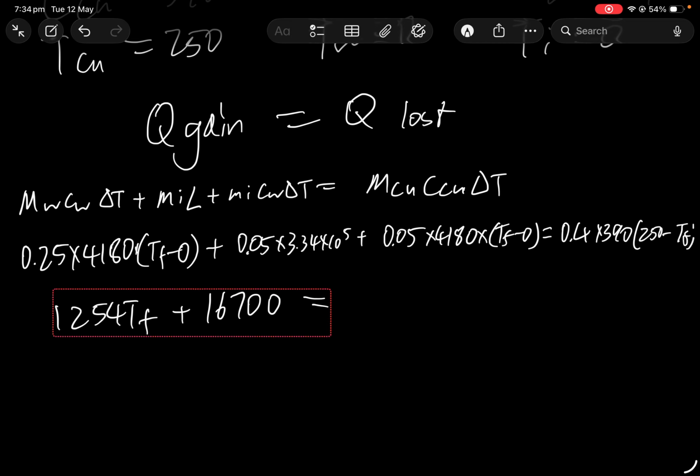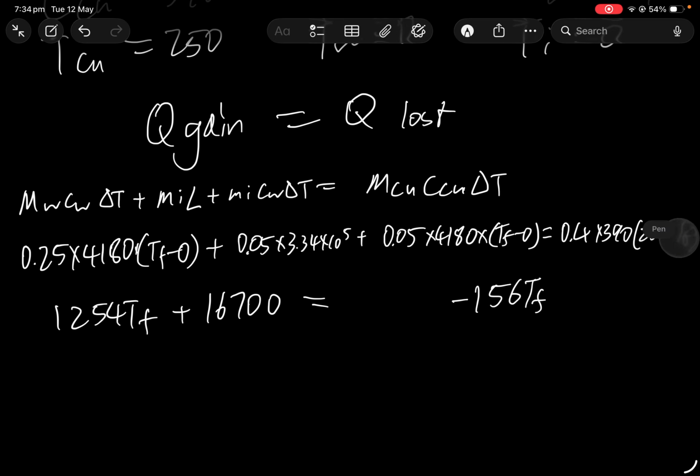And this equals 0.4 times 390, which gives 156, take 156 T final. We did that first because now we can just times by 250 to get the number in front, which is easier on the calculator.